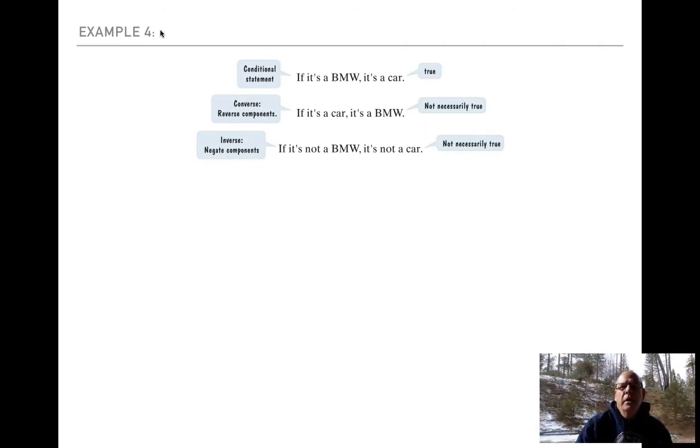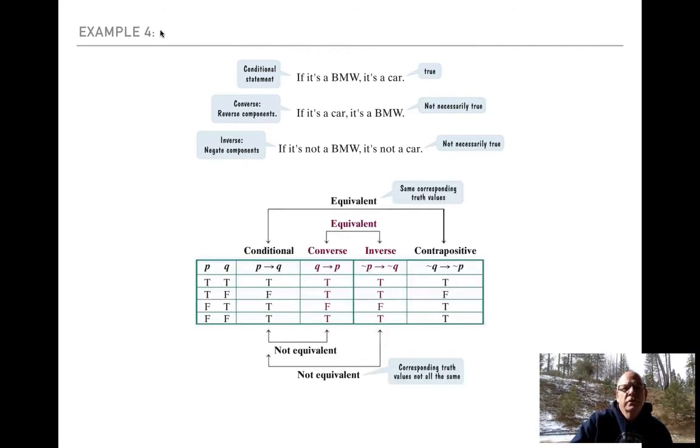If it's not a BMW, it's not a car. Well, if it's not a BMW, it could be an Apple or a Dell or anything, really. It's not a car. It's not necessarily true. You could put something in there to make that true, but it's not necessarily true. Okay? So we're just emphasizing that the converse and inverse are not the same truth table as the original statement.